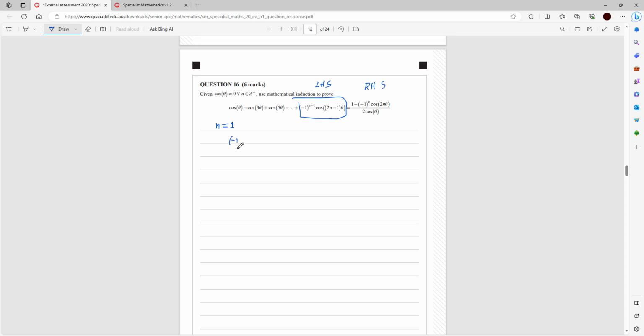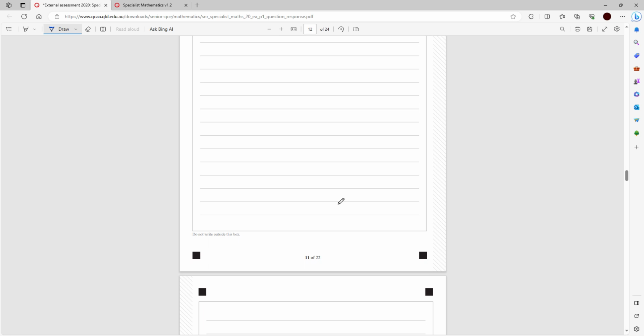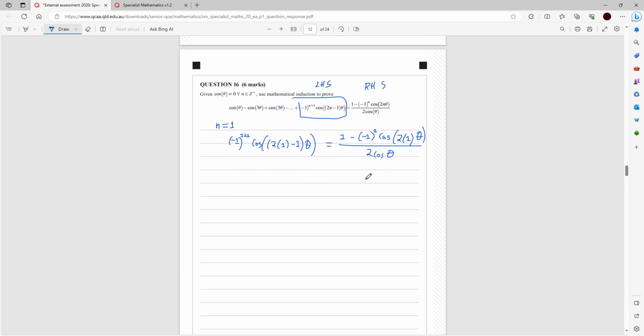You're going to have negative 1 to the power of 1 plus 1, cos of (2 times 1 minus 1) multiplied by theta, is equal to 1 minus negative 1 to the power of 1 cos of 2 times 1 times theta, all over 2 cos theta. Since I have limited room here, I might rub stuff out just to fit all of this in, but I'll make that decision when I get to it.